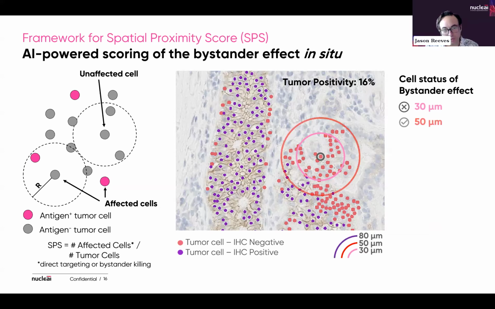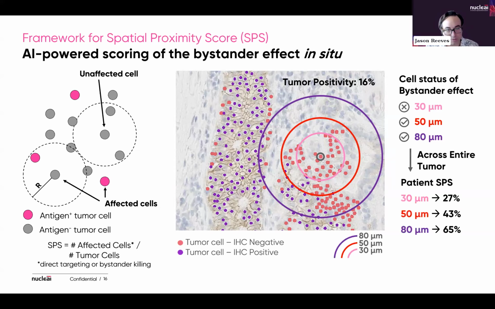But as you move into 50 or 80 micron distances, you do start to see positive cells, and you would be potentially likely to receive the drug if it is able to diffuse that far within the tissue. And so what this means for that patient is even though pathologically they might score at only 16% positive, they might have higher and higher values for a spatial proximity score that could potentially be used to consider whether or not they should receive this antibody-drug conjugate.